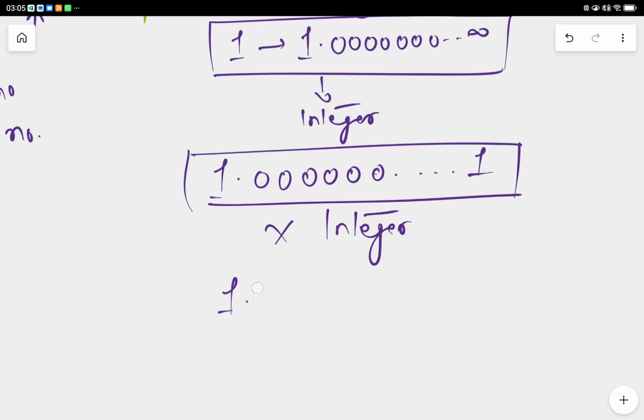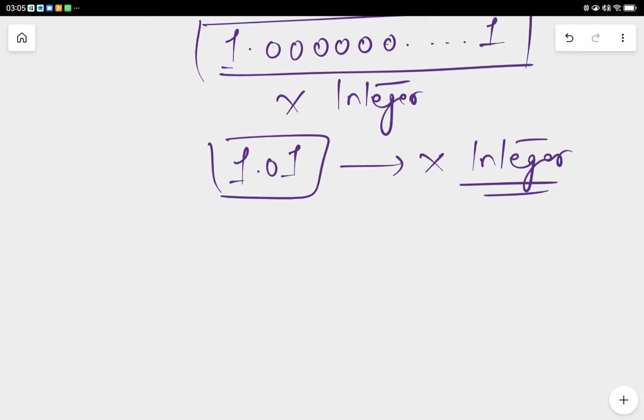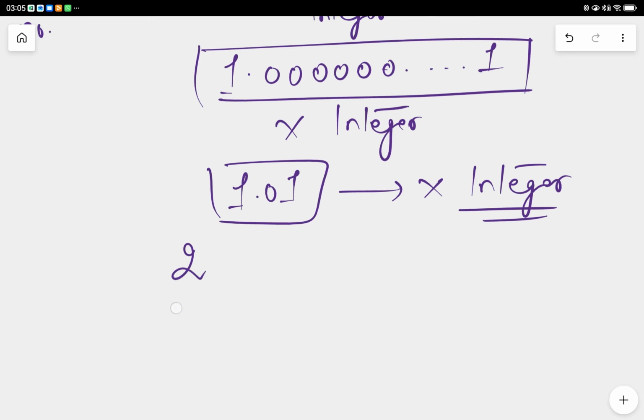Or 1.01 is not an integer. So my second definition of integer is, if any number 2, 3, 4 can be represented in the decimal system as 2.00000, then it's an integer.